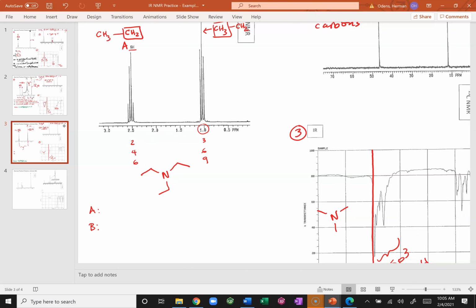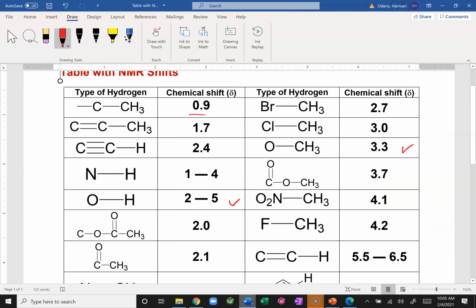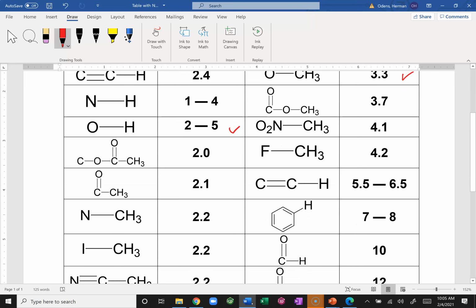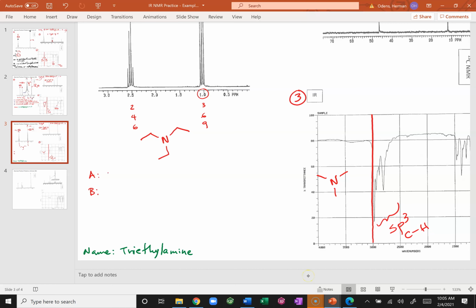A is a CH2 attached to a nitrogen. So we haven't seen that yet. Where is that? CH3, right here. Starts at 2.2. Let's do it. This is a 2.2 value. It's a CH2, so we have to add 0.3.